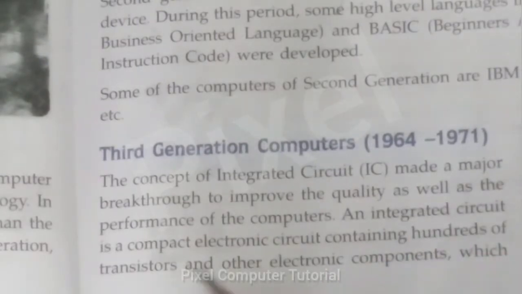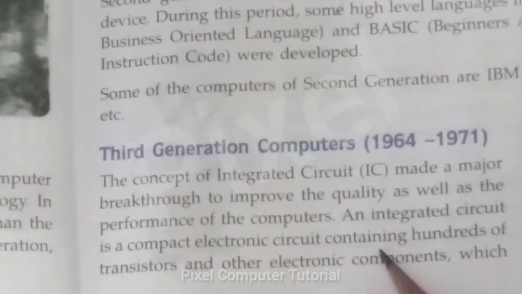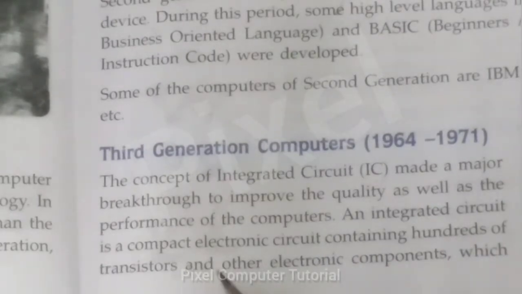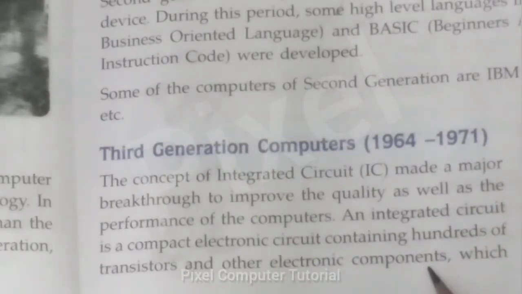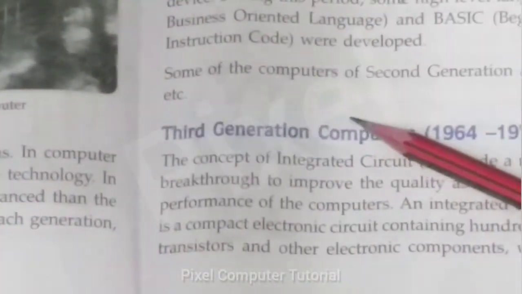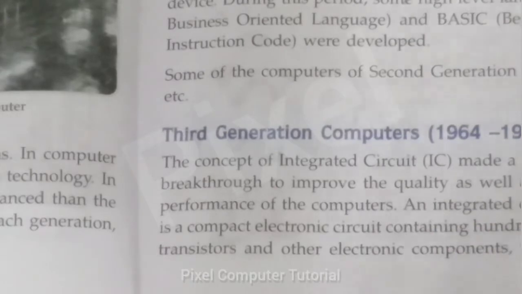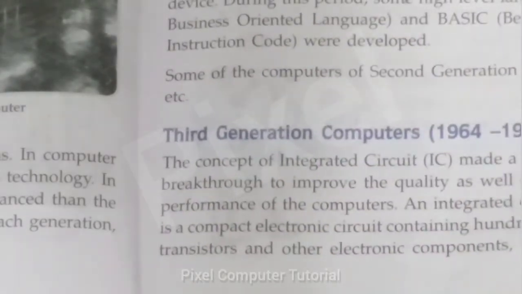The integrated circuit is a compact electronic circuit containing hundreds of transistors and other electronic components. Okay, so as I told you, from the first generation to the second generation to the third generation made a huge change, huge impact, and the improvement of the quality was very, very good.